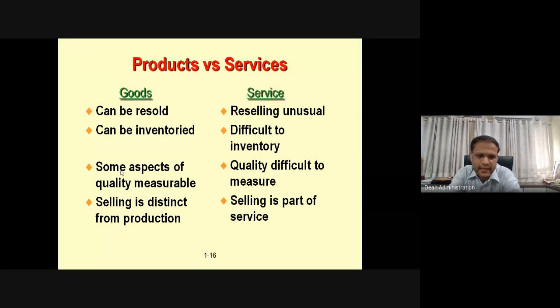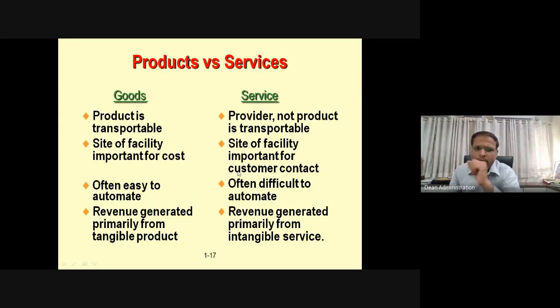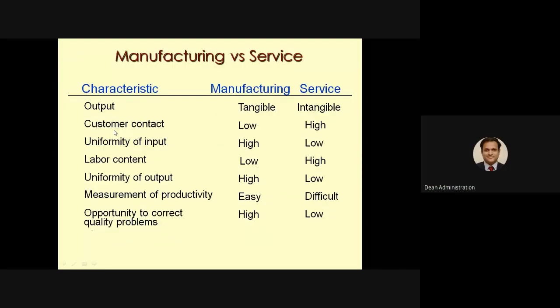Measuring the quality aspects of goods is quite easy, simply because all one has to do is measure various parameters. But service quality is more relative; it's based on the customer experience. That is something very important. Then we have various characteristics of goods and services.